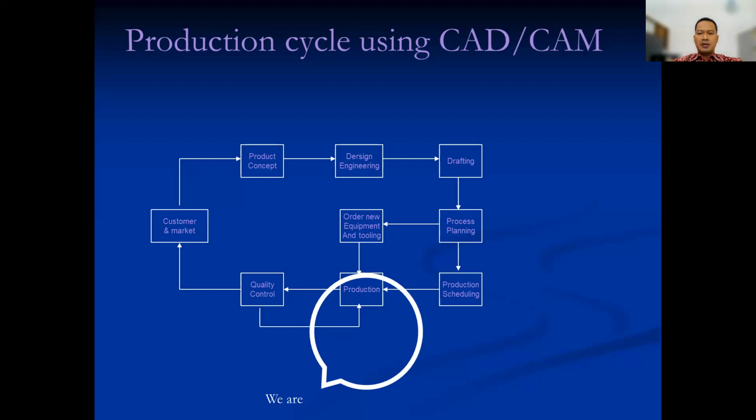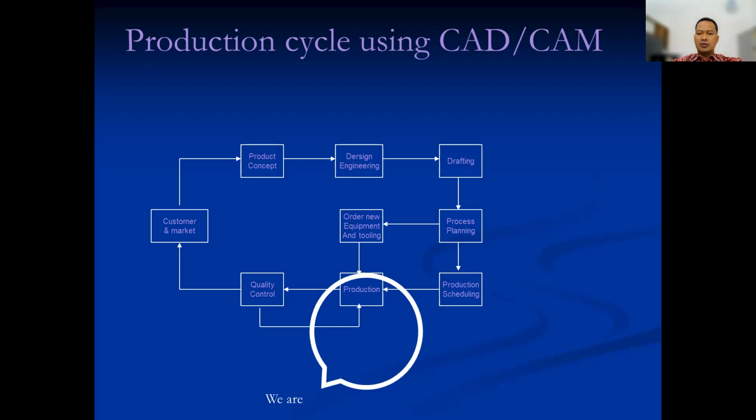And in this semester, we continue to computer-aided design and manufacturing. So when we talk about the cycle of production, the position of CAD and CAM is in the production cycle.